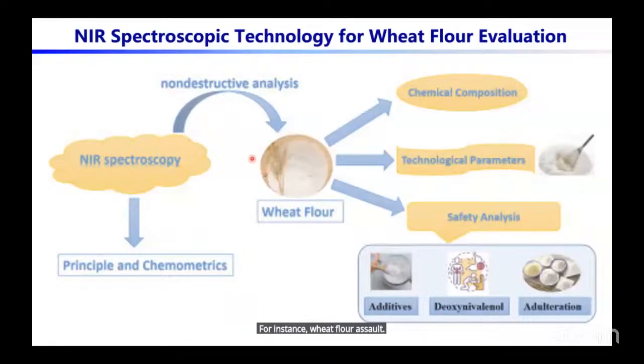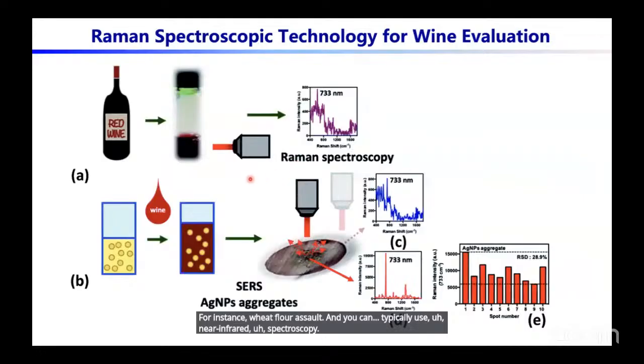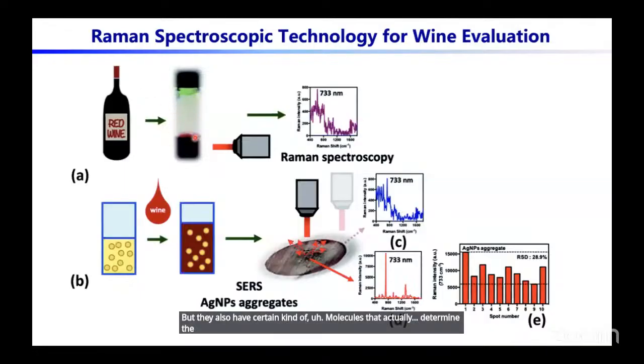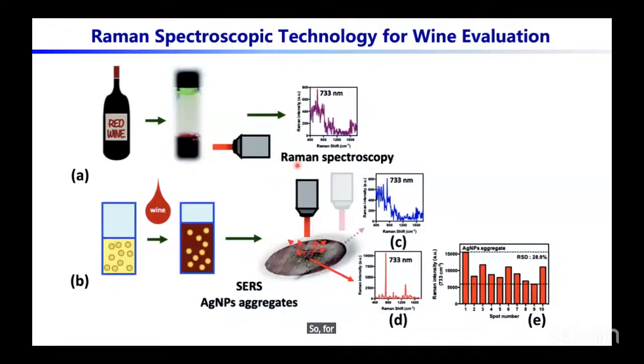You can typically use near infrared spectroscopy to do that. And also regarding food, for instance, drinks, either alcoholic drinks or food drinks, they also have certain molecules that determine the quality of this kind of liquid food. For this kind of food, the molecular state can be measurable by Raman spectroscopy.